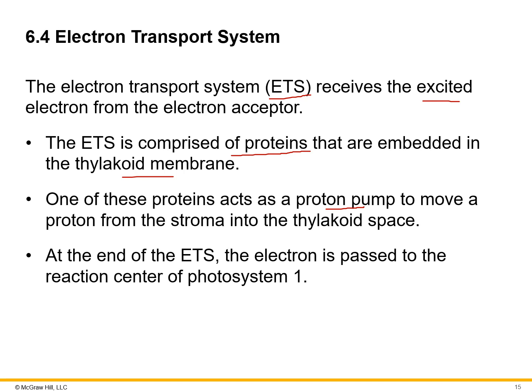They're going to use the energy from that electron that was just dumped off to move protons, or hydrogen ions, same thing, from the stroma, the fluid inside of the chloroplast, into those little thylakoids, those little pancakes. It's moving the protons into that space, and then they come back, and through that process of moving protons in and out, it releases energy that makes ATP. And at the end of that electron transport chain, those electrons have to go somewhere. So those electrons are passed to photosystem 1.